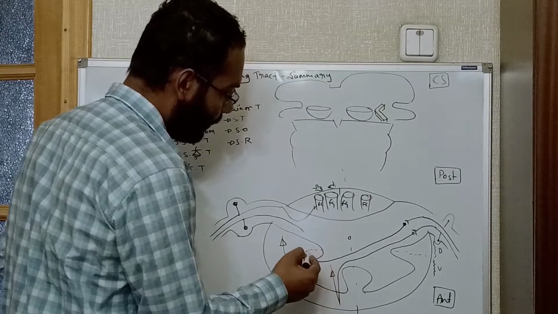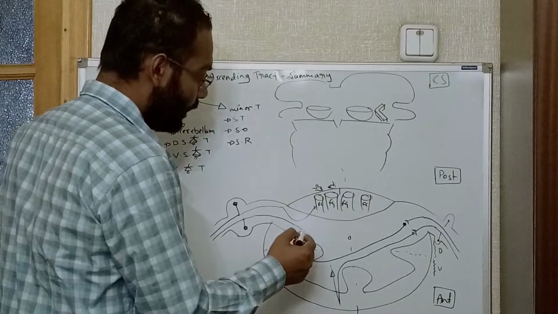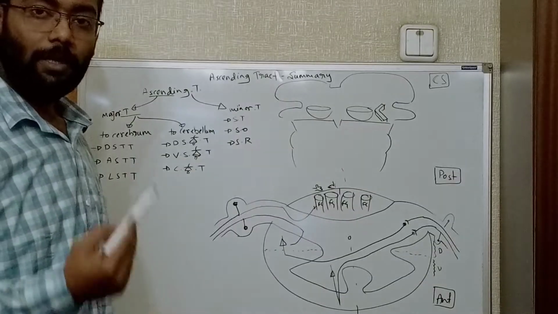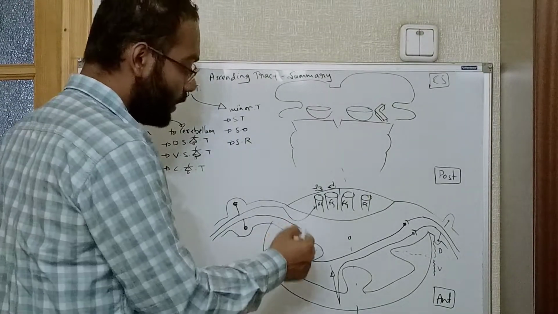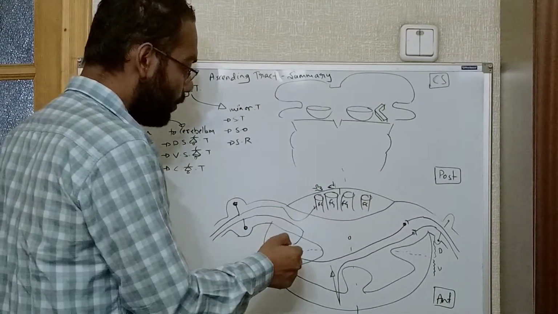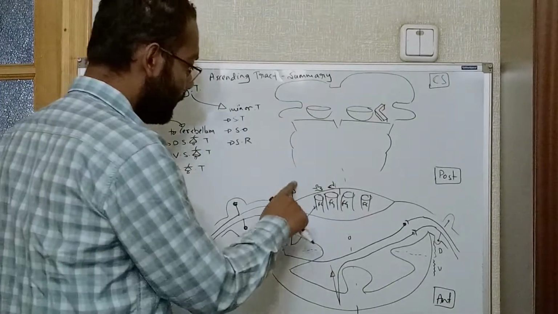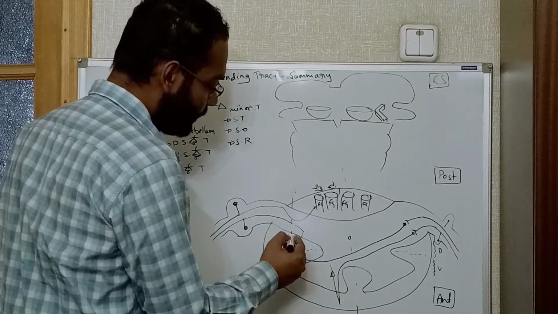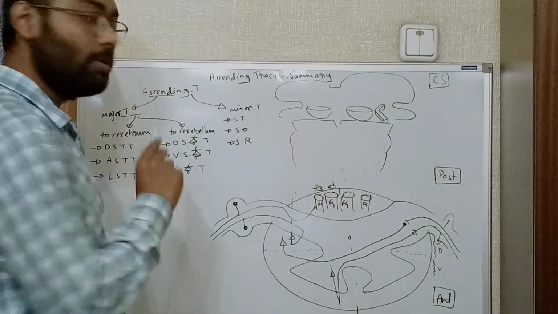So if I make this section like this, it will end up in the dorsal portion of the lateral white column, going ipsilaterally, and now it is ascending upward. So our dorsal is done.